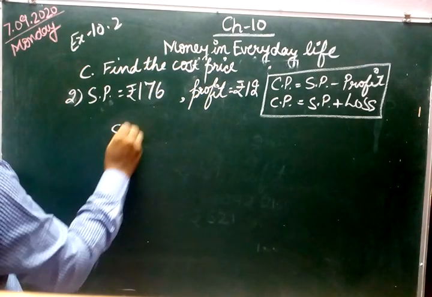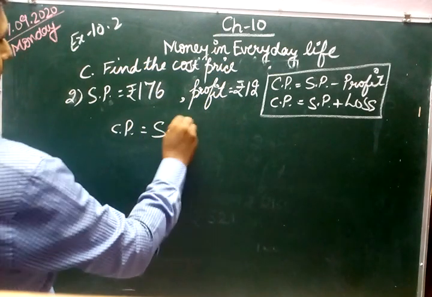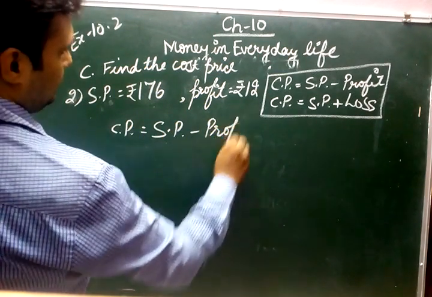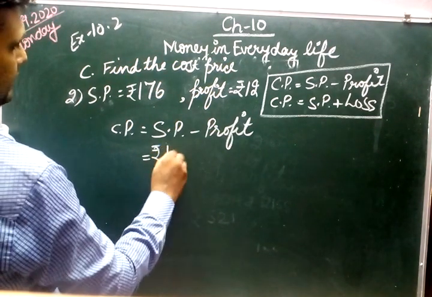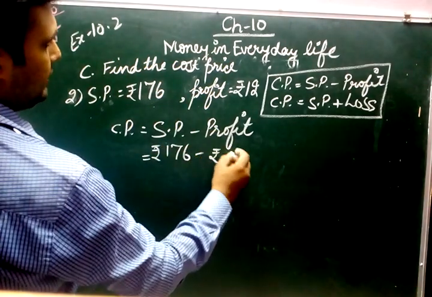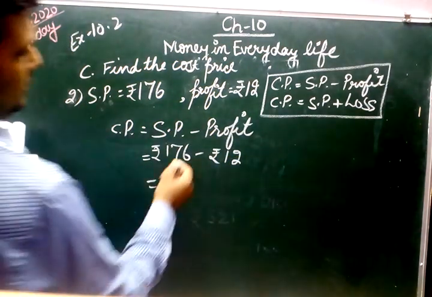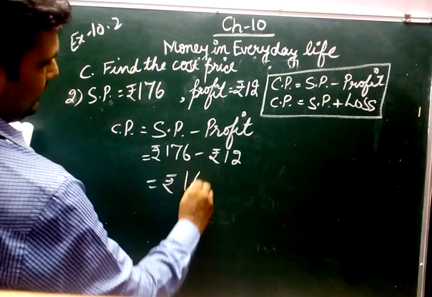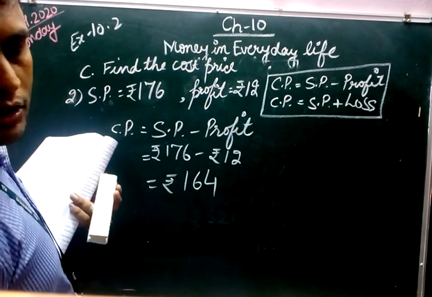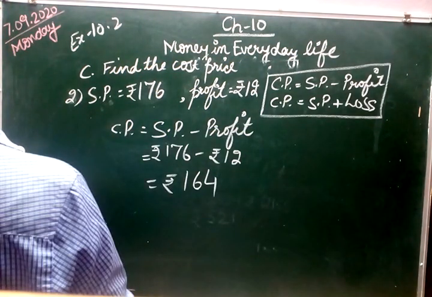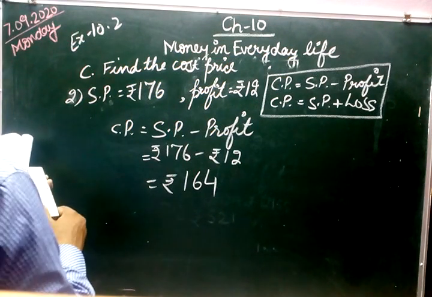Now we have to find the cost price. CP equals SP minus profit. So selling price 176 minus profit 12. The answer is 164. So in this way we can find the answer.